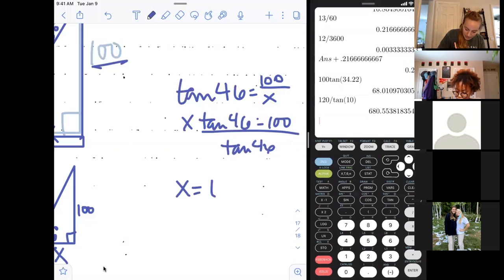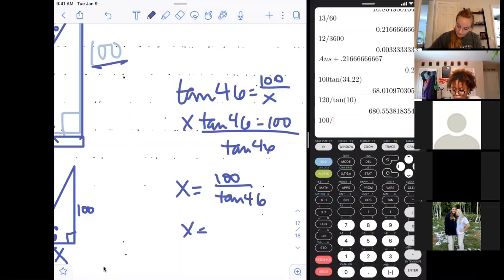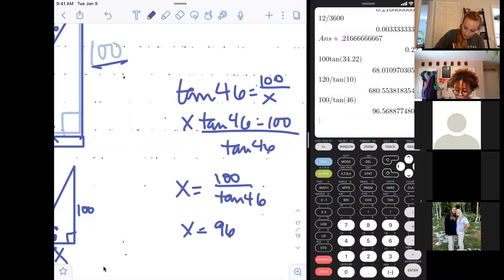So in the calculator, I'm putting in 100 divided by tan of 46, but that's going to tell me how far the car ends up from the base of the building. 96.57 feet.